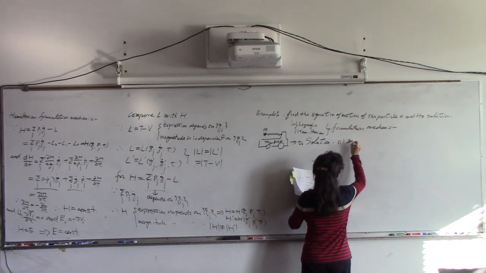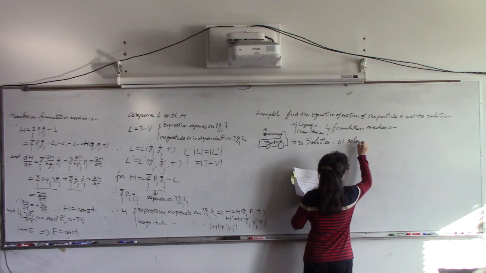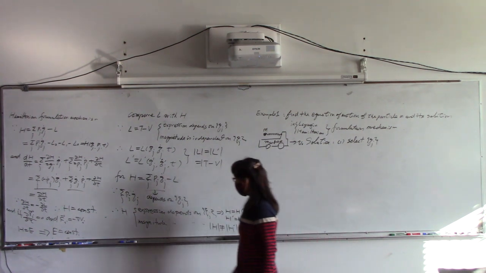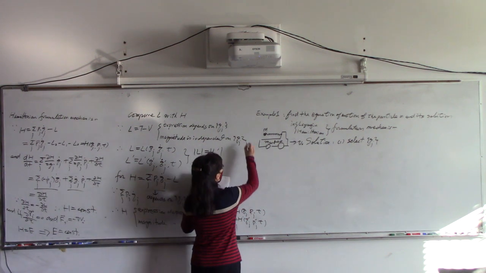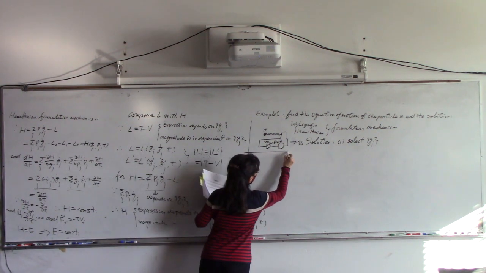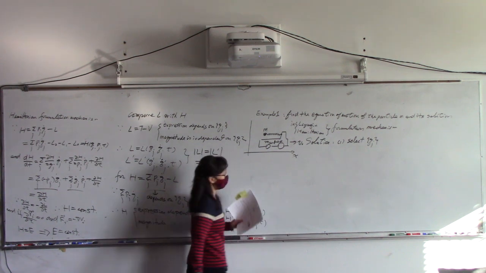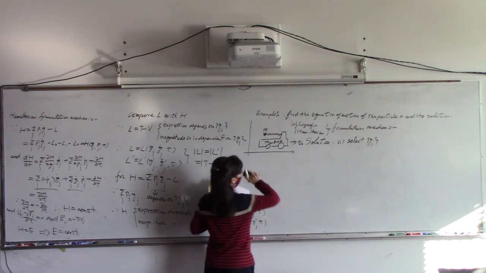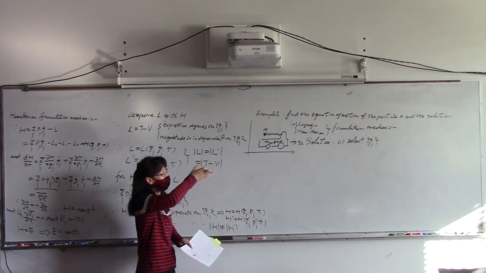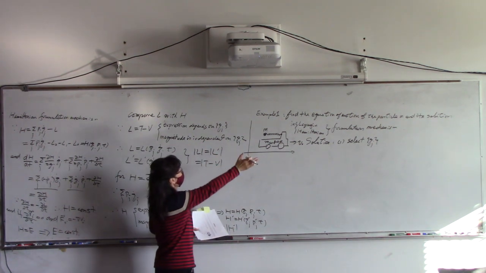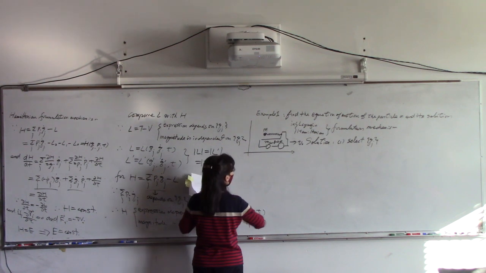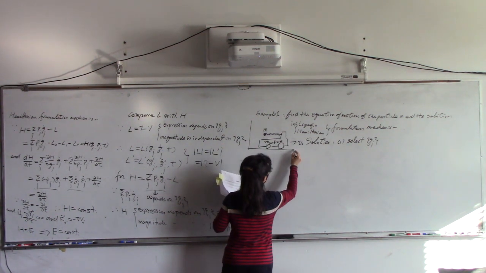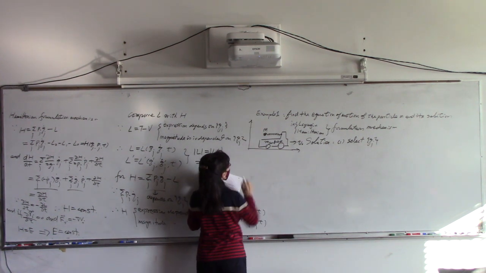First, select q_j. How to select q_j? So now let's set up the coordinates. Since it only moves along this one-dimensional direction, right? So we just say this is along this. All right.